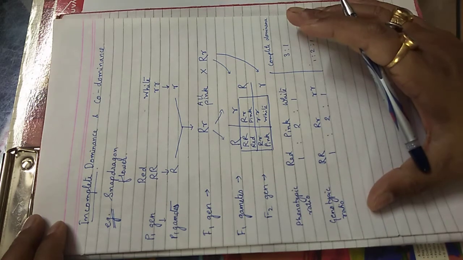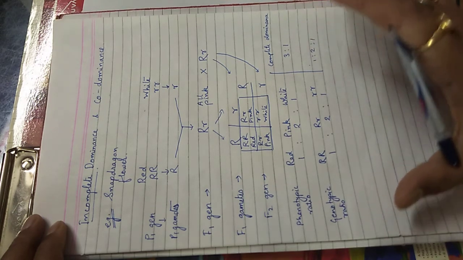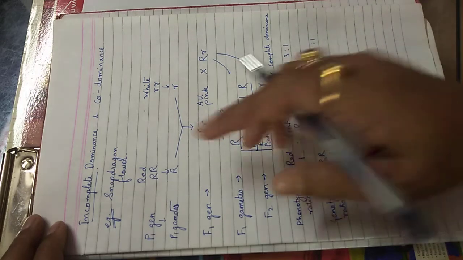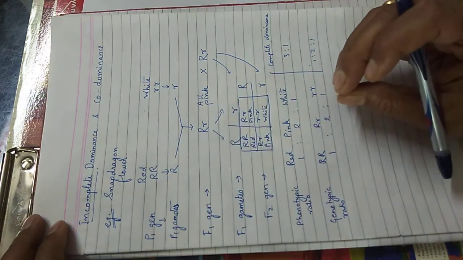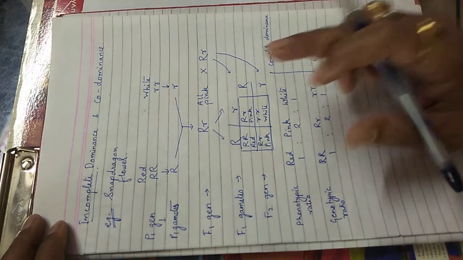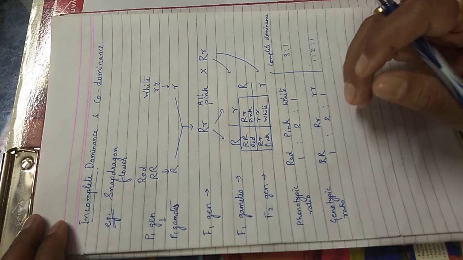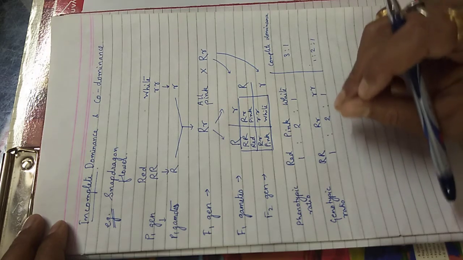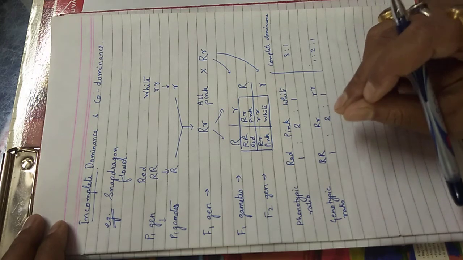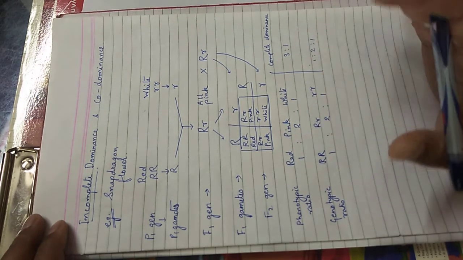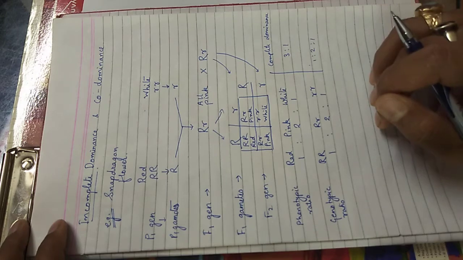But here, none is dominant over the other. So the dominant gene will form a protein and the recessive gene will also form a protein, and the character which is expressed will be an intermediate between the dominant and the recessive trait, and therefore we get this kind of ratio. That is incomplete dominance.